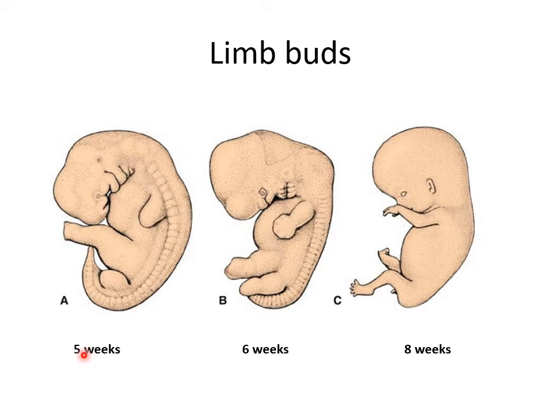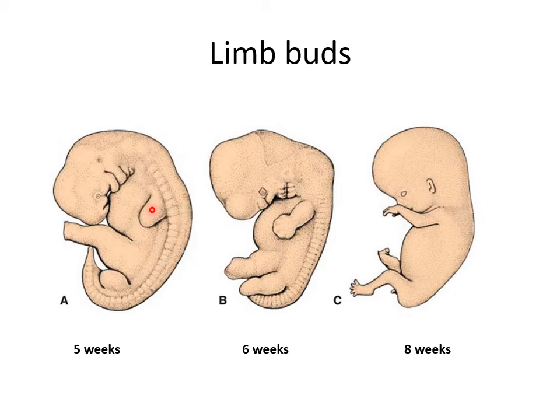In an embryo at the fifth week, the limb develops and appears like this in the cranial part and in the caudal part. This is for the upper limb and this is for the lower limb. These limb buds consist of a core of mesenchyme.